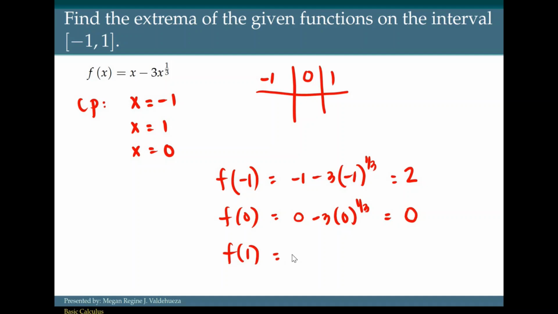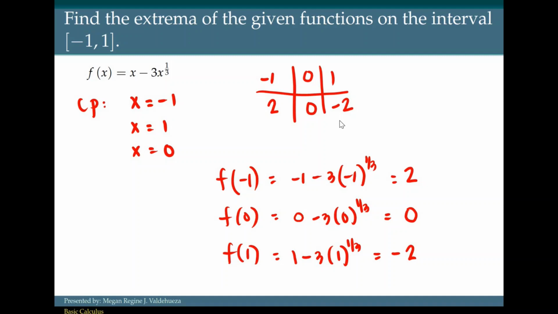And when x is equal to 1, 1 minus 3 times 1 to the power of 1/3 equal to negative 2. So we have 2, 0, and negative 2.